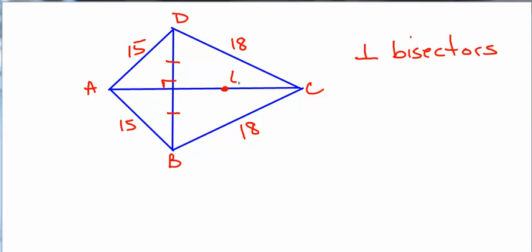Is point E the same distance from D as it is from B? Katie says yes. Mr. Holstenbeck says, why, Katie?